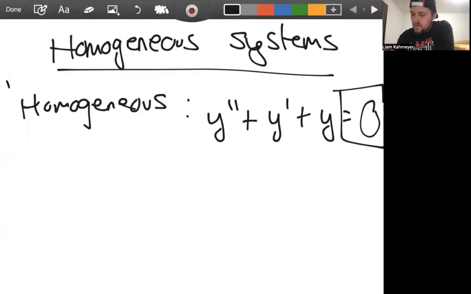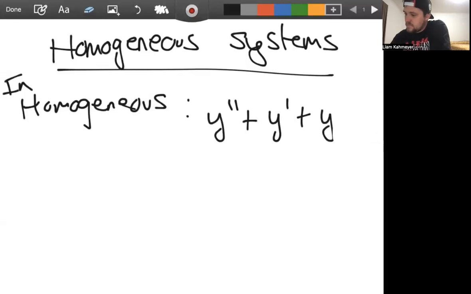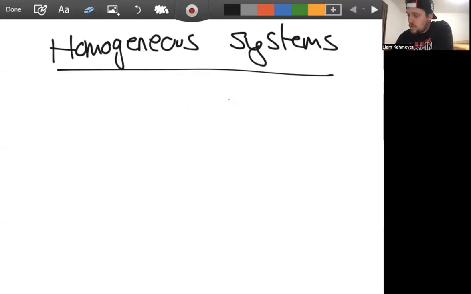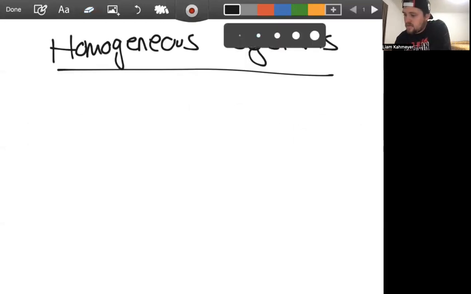And if you remember, as soon as we started studying inhomogeneous differential equations, then all of a sudden this became some function of x, so it was something that was no longer 0. Well, this terminology is why we call these systems homogeneous, meaning they are all functions equal to 0.